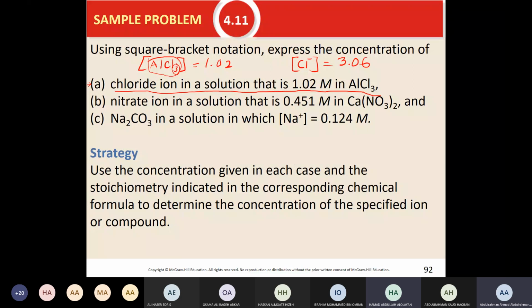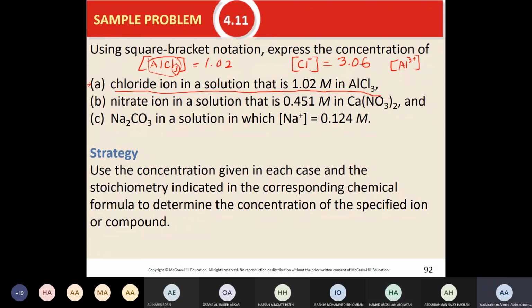So it's 1.02 for each compound. Yes, but we have 3 Cl, and that's why it's 3.06. Yeah, okay, I understand. Thank you, Doctor.